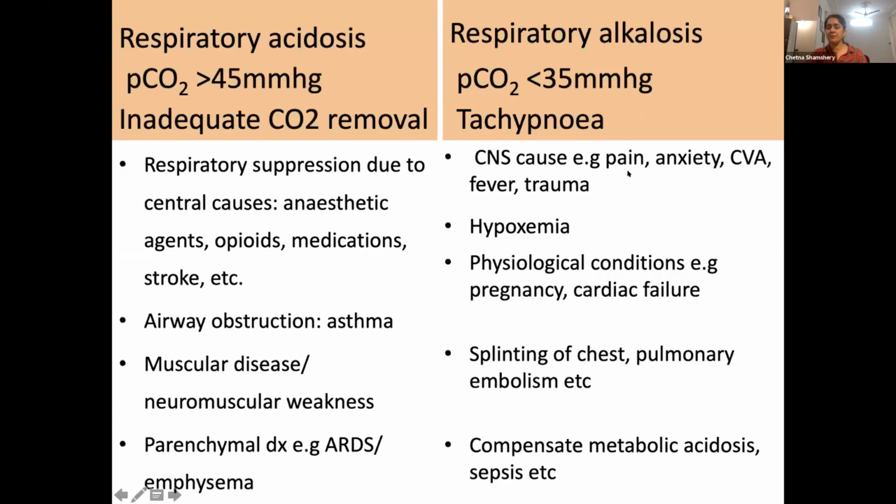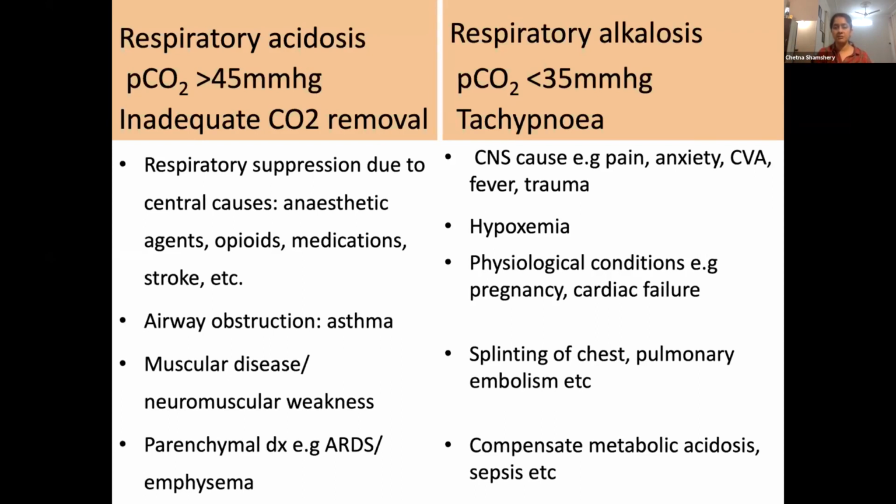So CNS causes like pain, anxiety, again a cerebrovascular stroke, during fever, when you are exercising, trauma, when there is hypoxemia, the body will try to take an extra amount of oxygen, so there is going to be tachypnea. Physiological conditions like pregnancy, we know that during pregnancy there is hyperventilation, or cardiac failure, or splinting of the chest, as when there is pain in the chest and the patient doesn't want to take a deep breath because the breathing is painful.